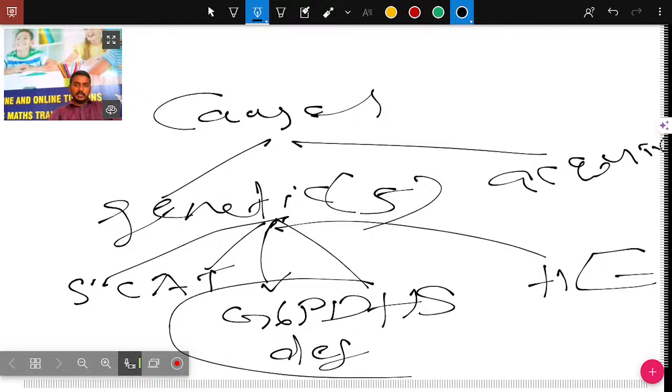Among these, I will give more importance to G6PD deficiency. Others are also important, but the most important genetic cause is G6PD deficiency. You can expect a lot of questions from that area, I guess.